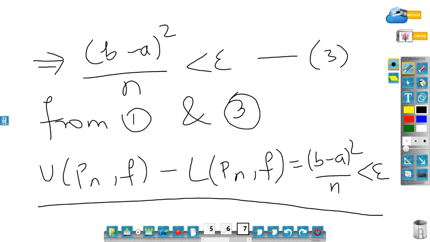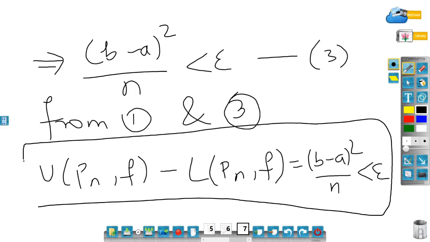So I have proved that U p and f minus L p and f, upper sum minus lower sum, is less than epsilon for any epsilon greater than 0. That implies that f is R integrable.